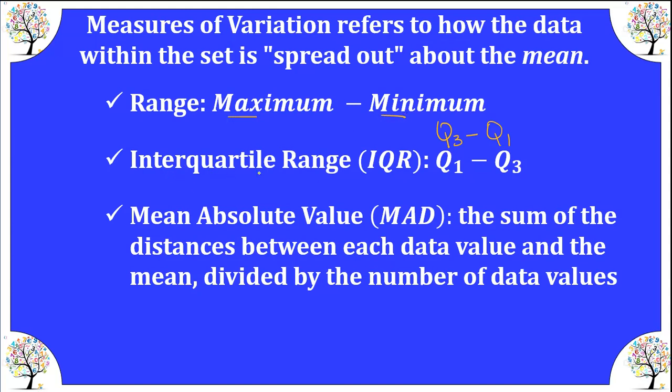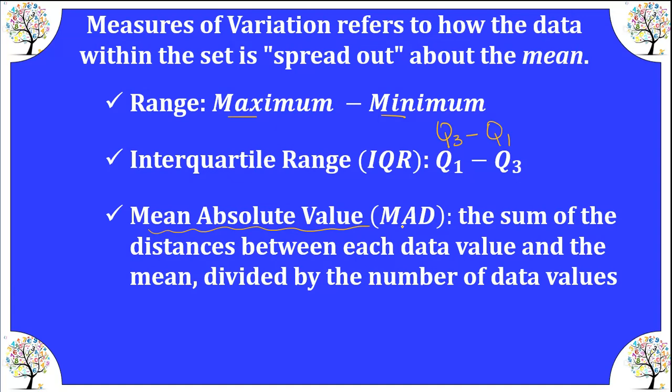Your interquartile range hones in on 50% of the data, and you saw that in the previous part of the lesson, where you subtract the difference between Q3 and Q1, the length of your box in a box and whisker plot. And then we'll also talk about mean absolute deviation, which is the sum of the distances between each data value and the mean.